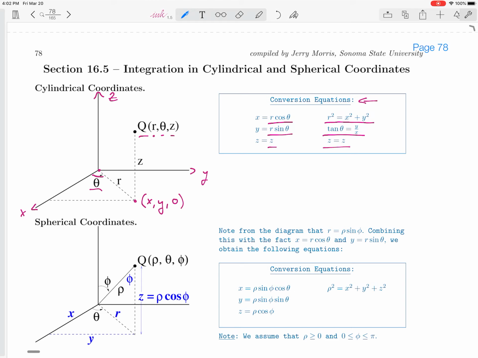So that's cylindrical coordinates. Spherical coordinates use coordinates rho, theta, and phi.